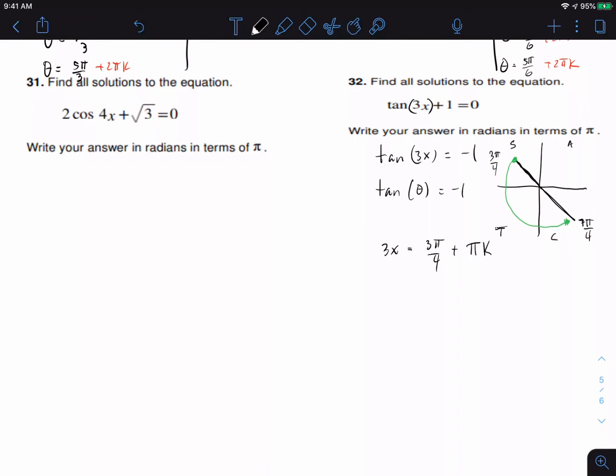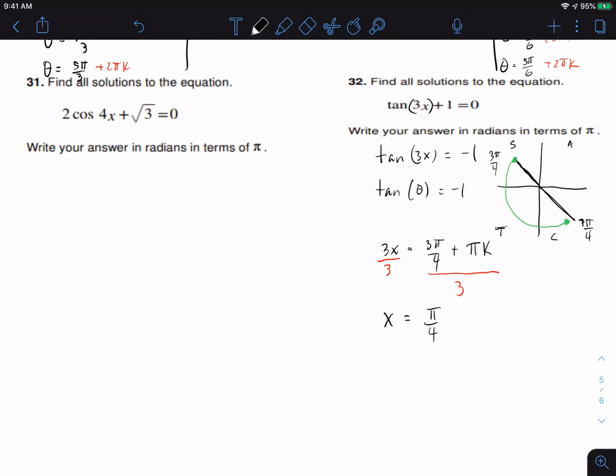We want to find x, correct? So in order to do that, we're going to have to divide both sides by 3. And so that's going to give me x is equal to, doesn't that become pi over 4?